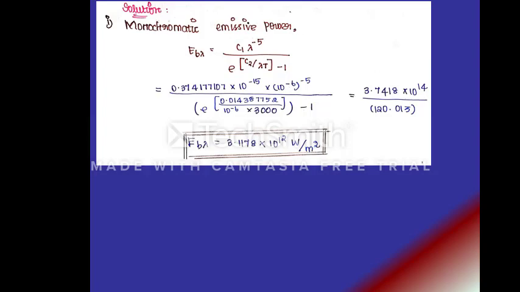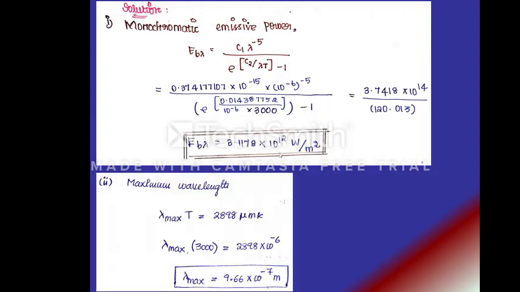Then the denominator e power C2 constant, and the lambda is 1 into 10 power minus 6 and T is 3000. So if we simplify, we will get E_B lambda, that is monochromatic emissive power at lambda equal to 1 micron, is 3.1178 into 10 power 12 watts per meter square. Clear?